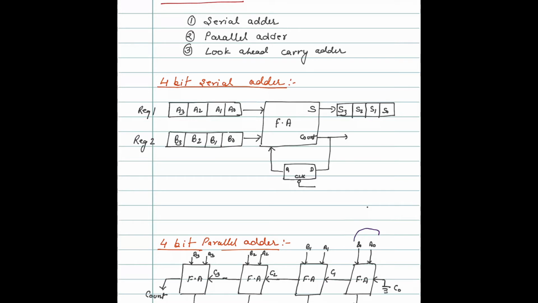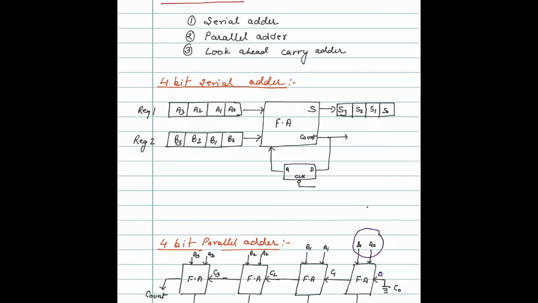Here we can see the first bits A0 and B0 are directly transferred to the first full adder, and the carry input is grounded. So in the first stage the carry will be 0, and the output is produced here.